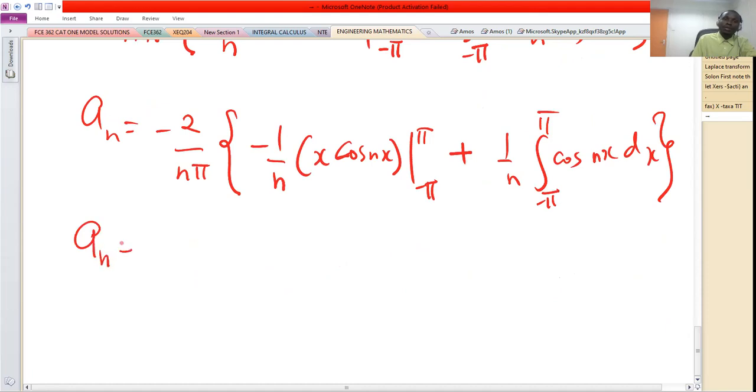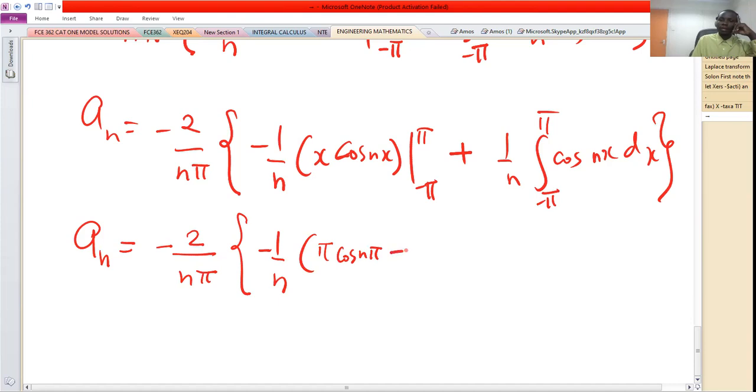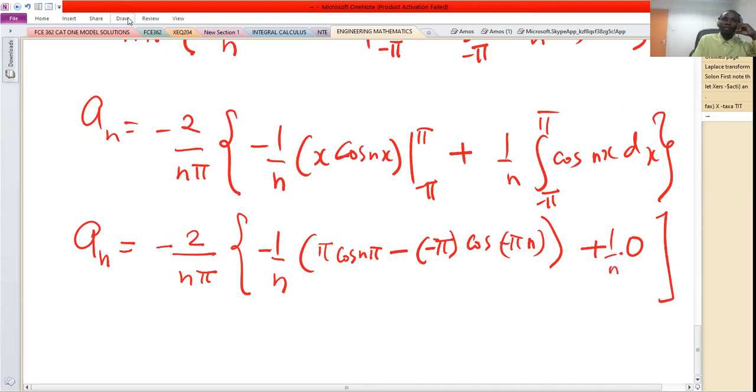So an is minus 2 over n pi into minus 1 over n into pi cosine n pi minus minus pi cosine of minus pi n, plus this part, remember, is 0, or 1 over n times 0. This integral goes to 0.